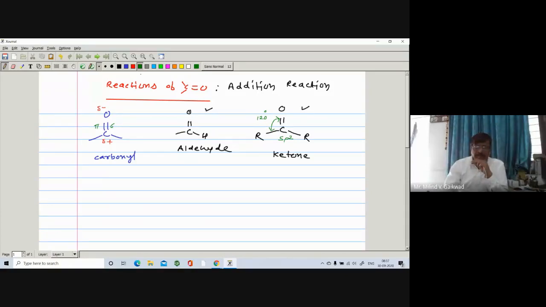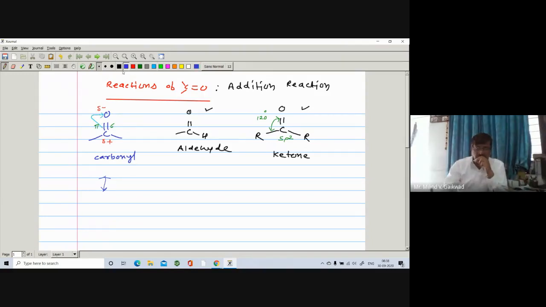They undergo resonance. How do they undergo resonance? I take the first structure. Oxygen is more electronegative as compared to carbon, so the pi bond will open on the oxygen, and you get the next structure like this.